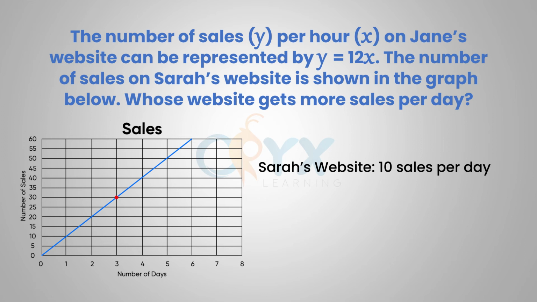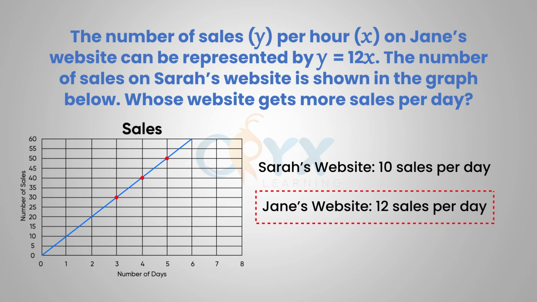On day 4, she had 40 sales. And on day 5, she had 50 sales. So the constant of variation is 10, 10 sales per day. Jane's website, as shown in the equation, gets 12 sales per day, as that is her m value. Therefore, Jane's website gets more sales per day, as 12 is greater than 10.